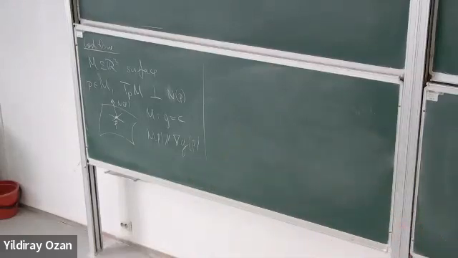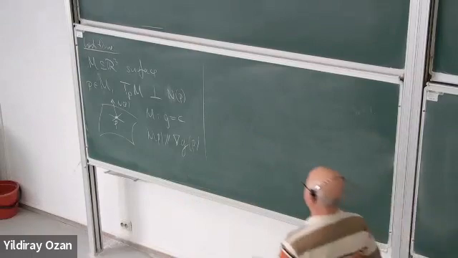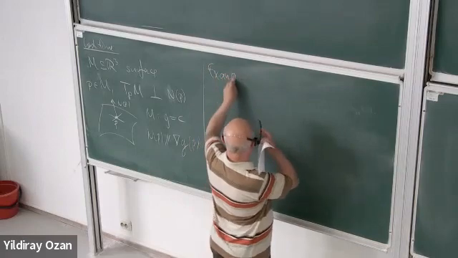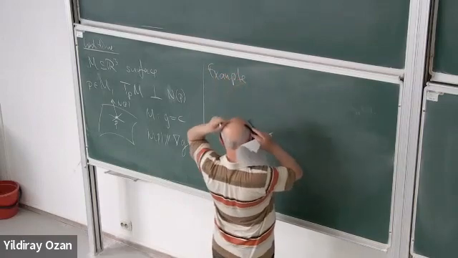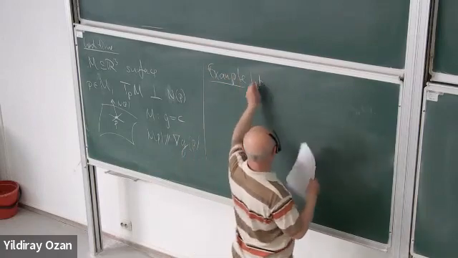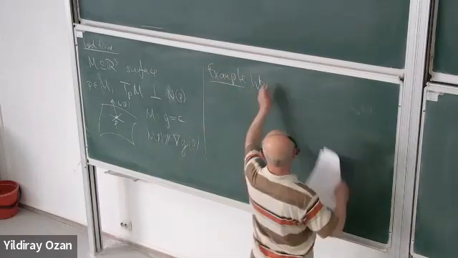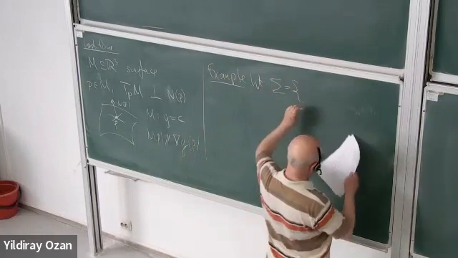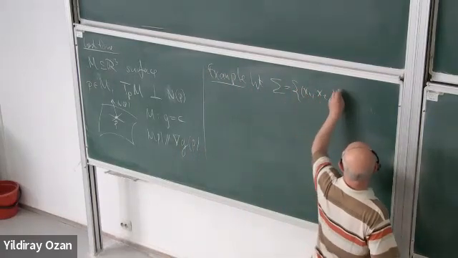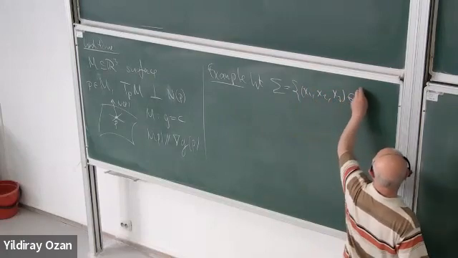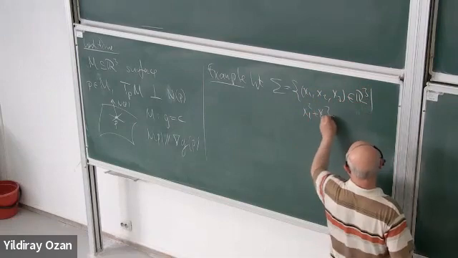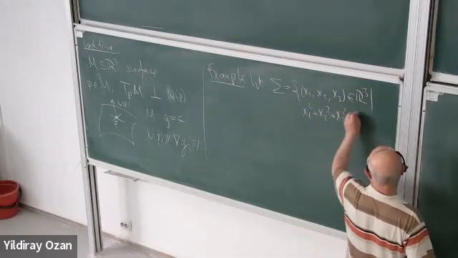As an example, let M be the surface given by the equation x1 squared plus x2 squared plus x3 squared equals 1.